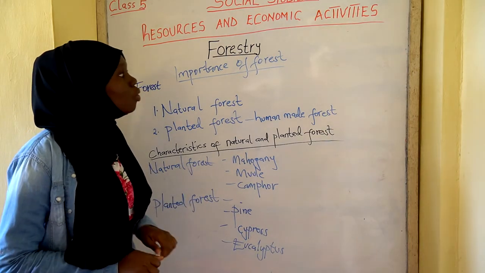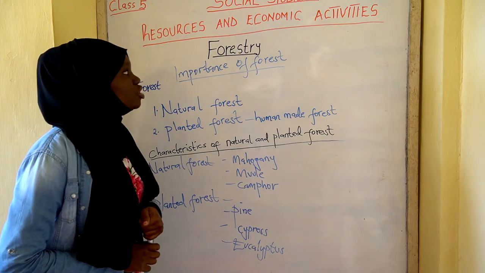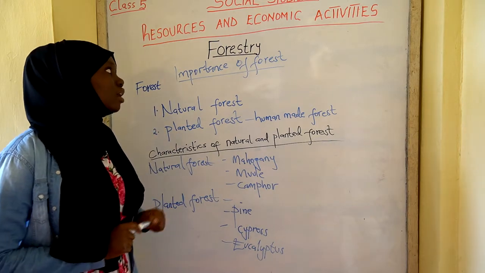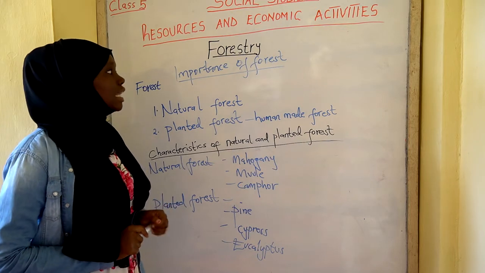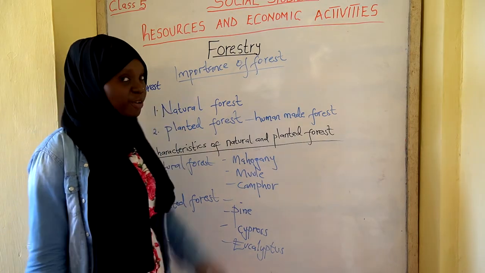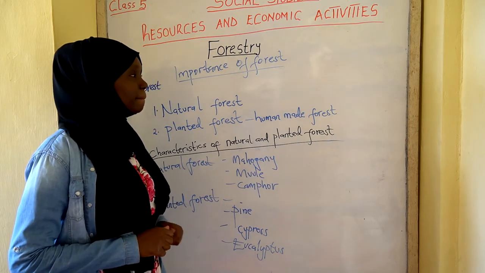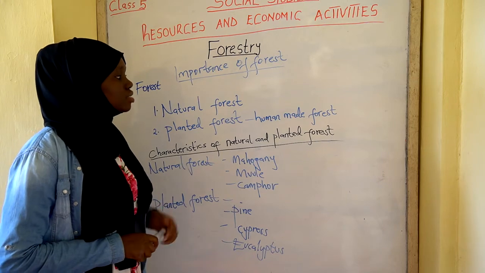And the last importance is that it helps in increasing soil fertility. The leaves and the branches that fall on the ground rot and become manure, hence increasing soil fertility.